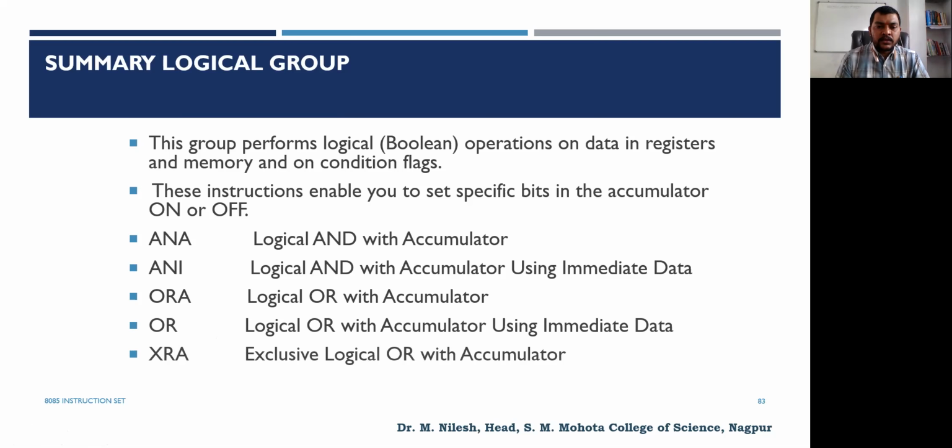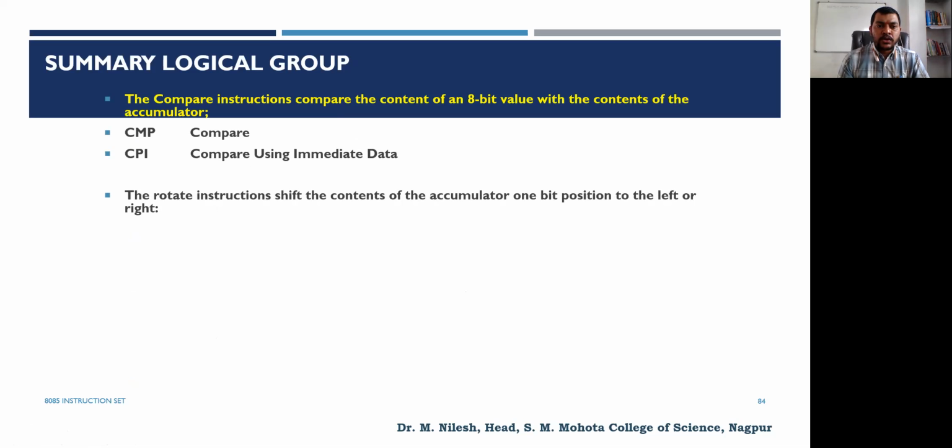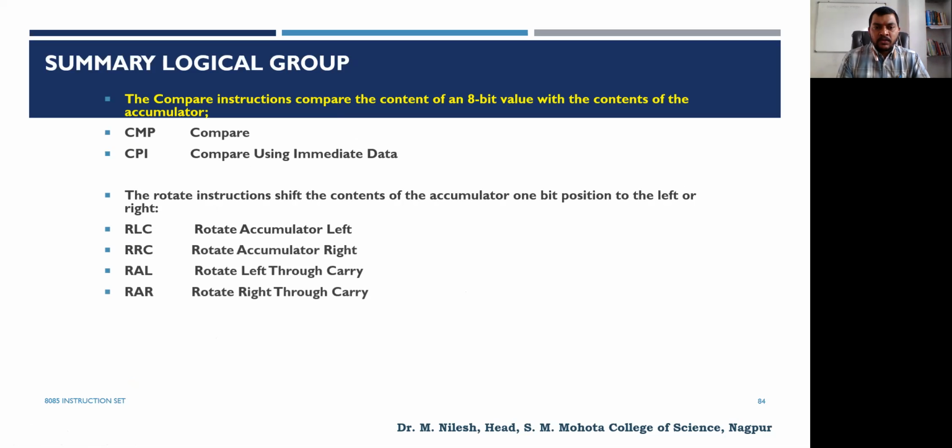Then XOR the accumulator with the content of register, XRI, exclusive OR using immediate data. And some more are compare immediate, then rotate: RLC, RRC, RAL, RAR, through carry and without carry.